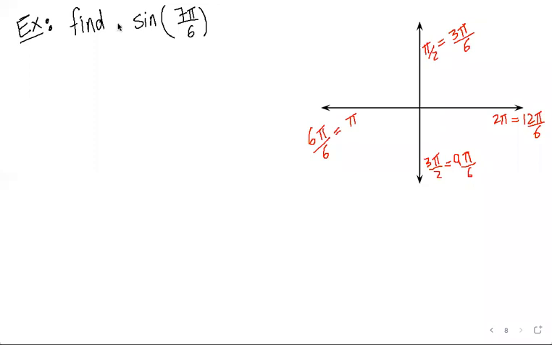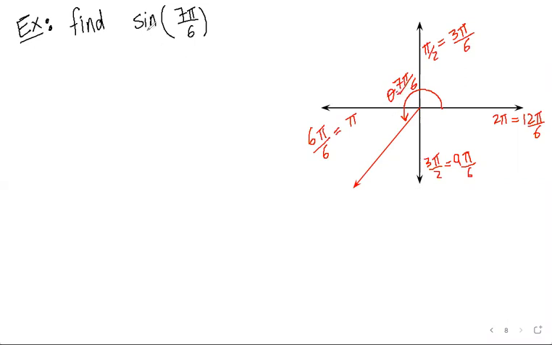So it's going to be something like this. The angle will be like this, up to here. This is 7 pi over 6. This is theta. Now, what is theta reference?